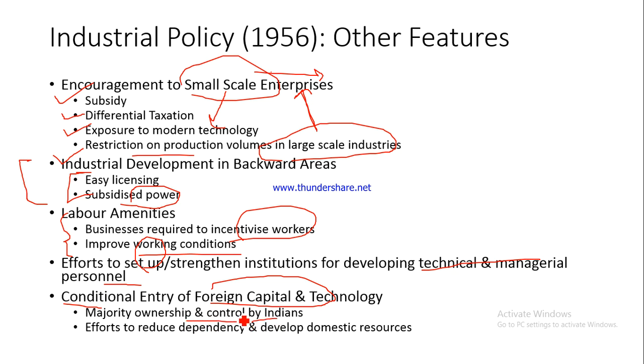Not only the majority ownership, but the majority control, which means most of the management should be in the hands of the Indians. This was an attempt to ensure that the Indian capabilities also develop. Indians also develop the capability of running the various businesses, running the various enterprises. The idea was to reduce dependency on foreign resources and develop domestic resources.